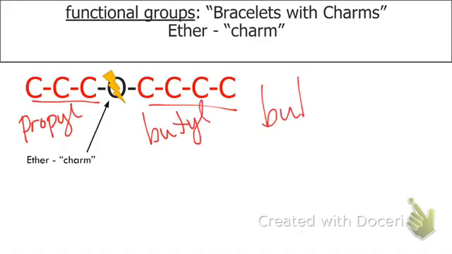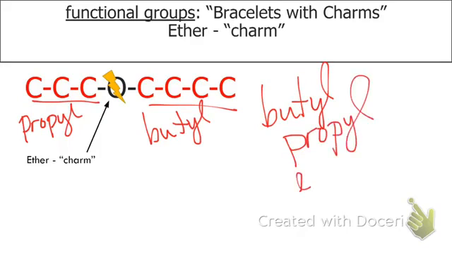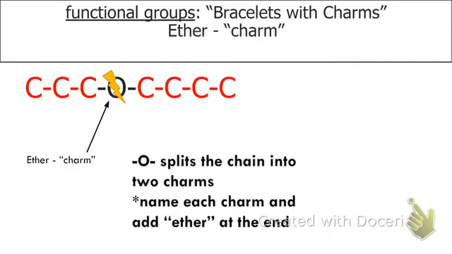So this is butyl, propyl, and of course, ether. Okay? Because what did our rules say? We split the chain into two chains. We name each chain, and we put ether at the end. So, butyl propyl ether.